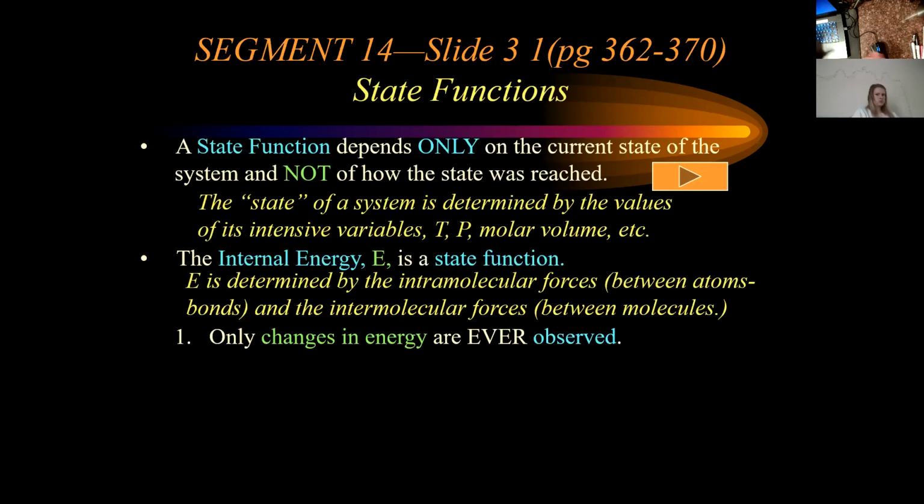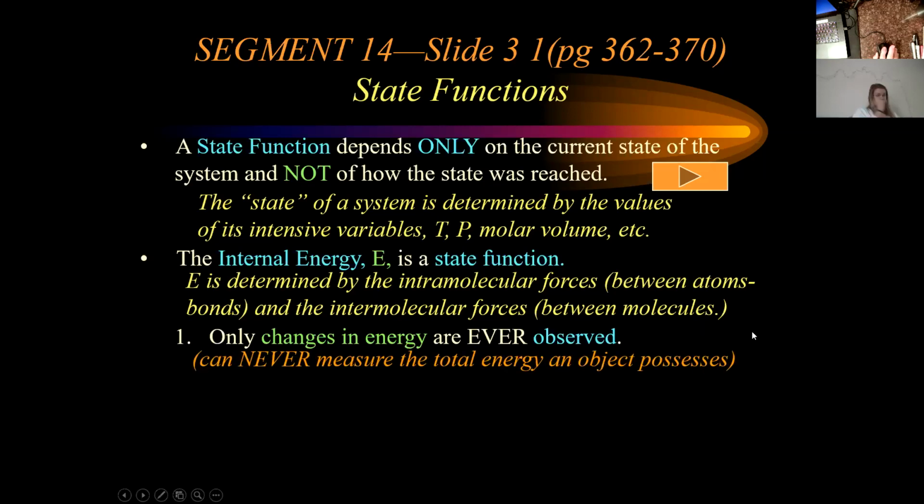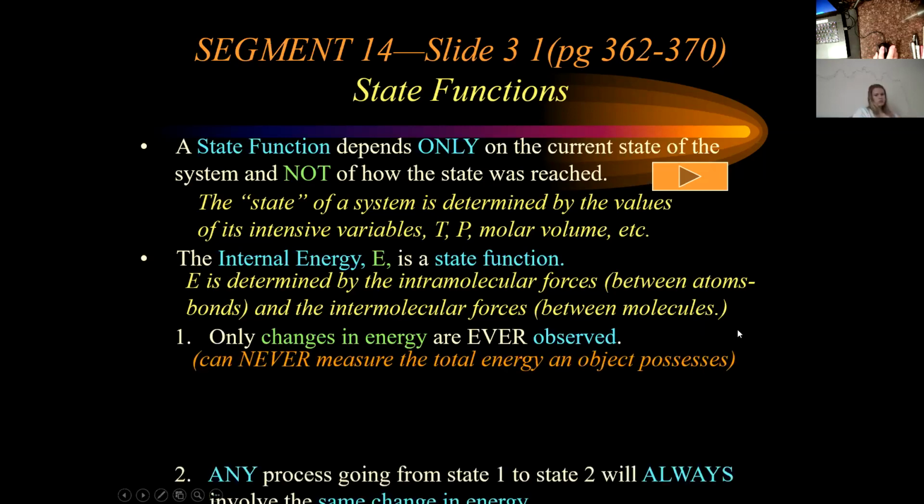And so it's not going to be important to us, because we never see absolute energies. We only see when energy flows from one place to another. We can capture it and see how much energy that was, and then we know that system went from this energy level to this energy level, because it gave off the amount of energy we observed. So we see changes in energy, but that's all. We never see absolute energies. We only see changes in energy.